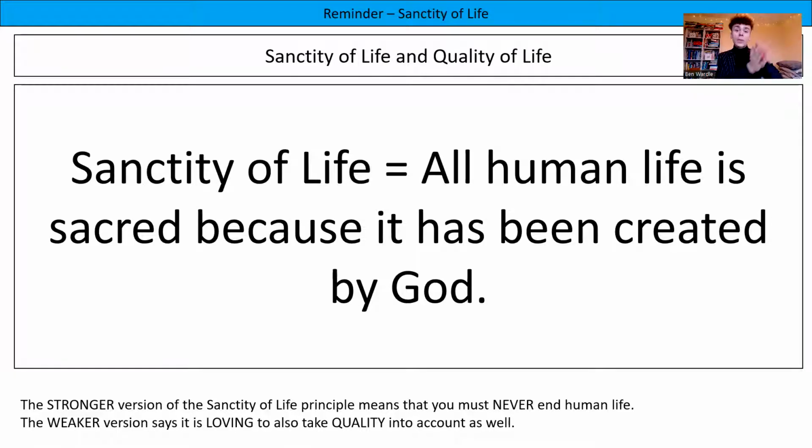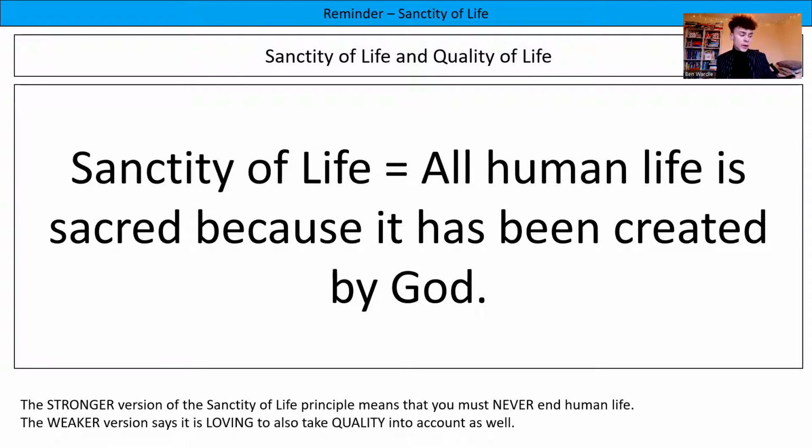And they believe that that applies from conception, because as we know from the previous video on abortion, Catholics believe that life begins at conception, so they are against abortion, and Catholics are also against euthanasia, because they believe that all human life is intrinsically valuable, it is sacred because it has been created by God, so it should never be taken away under any circumstances.